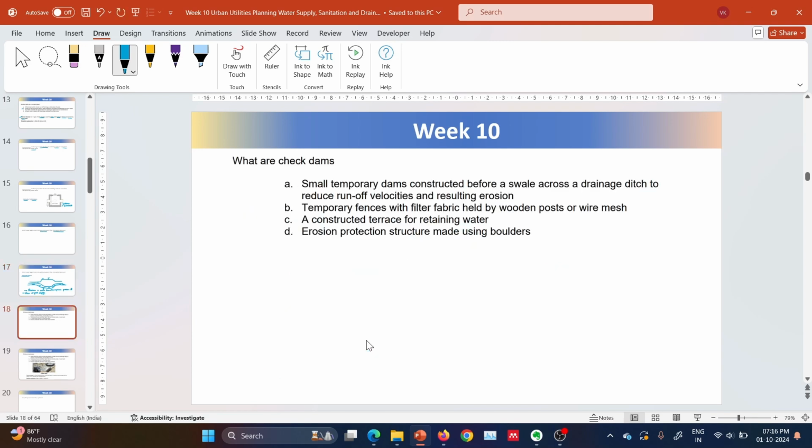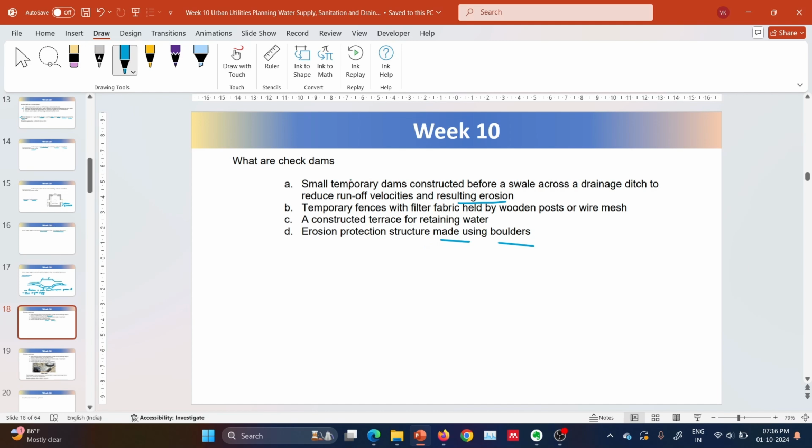What are check dams? Check dams are small temporary dams constructed before a swale across a drainage ditch to reduce runoff velocities and resulting erosion. The other options: temporary fences with filter fabric held by wooden posts or wire mesh; a constructed terrace for retaining water; an erosion protection structure made using boulders.